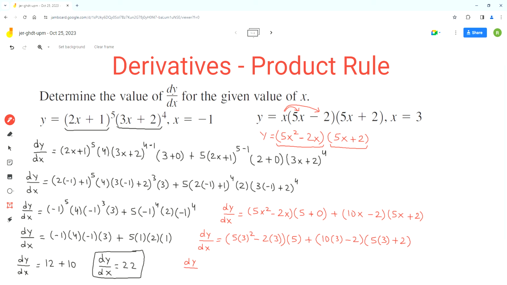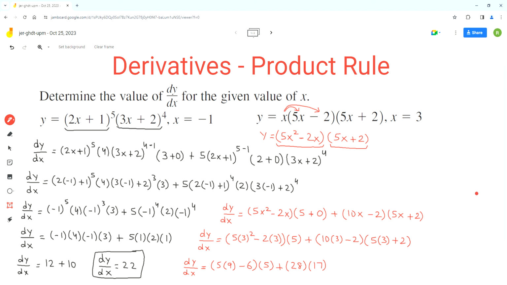So dy over dx equals, so in the first parentheses we get 5 times 9, because 3 squared is equal to 9, then minus 2 times 3, which is 6 times 5, now plus, now we do 10 times 3, which is 30, and 30 minus 2 is 28, and then times 5 times 3, which is 15, and 15 plus 2 is 17.